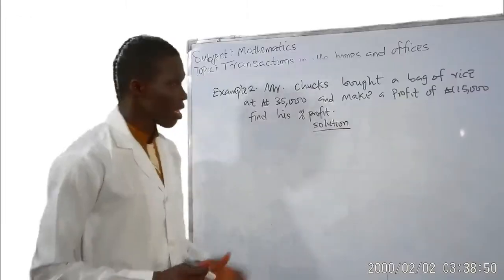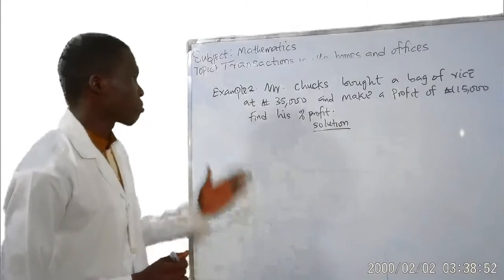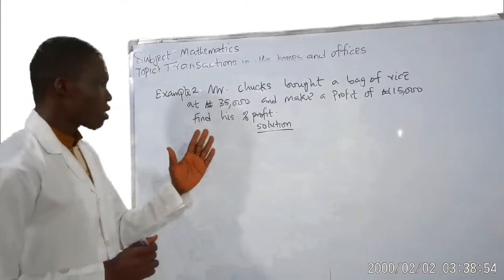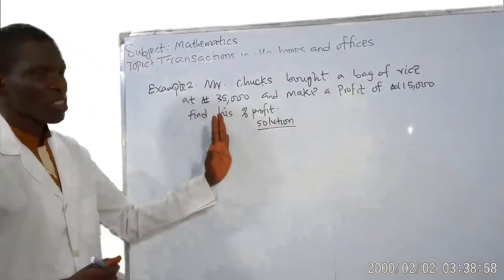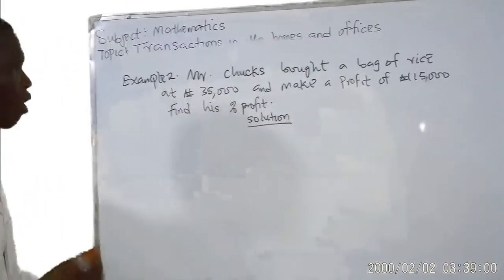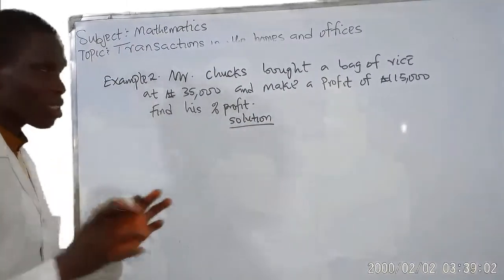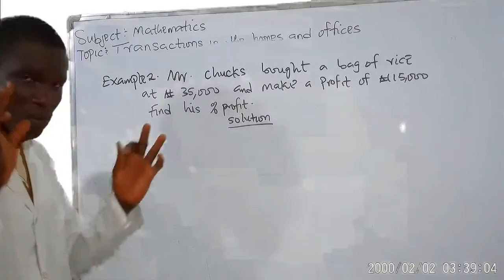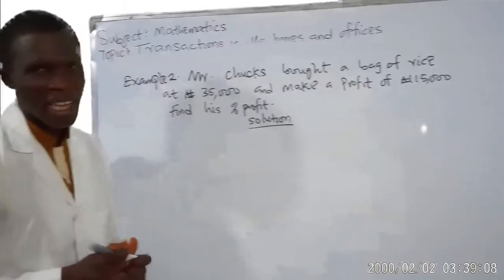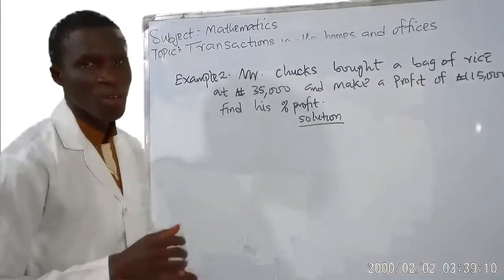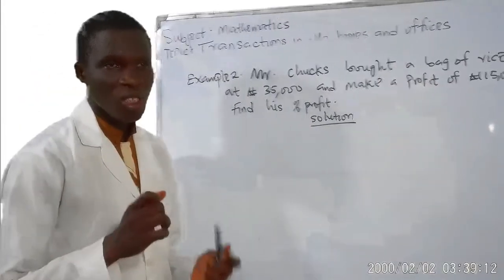a question. Let's take a look at this question. What we are looking for now is percentage profit. Consider this question now. The first thing to do is to think of the formula to use. If you don't know your formula, I'm telling you, you cannot solve a question on mathematics.